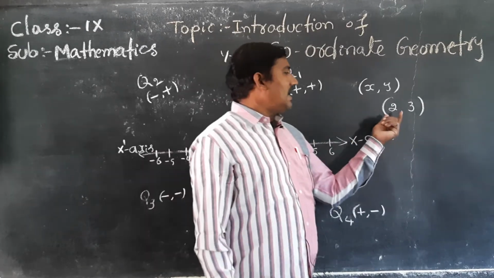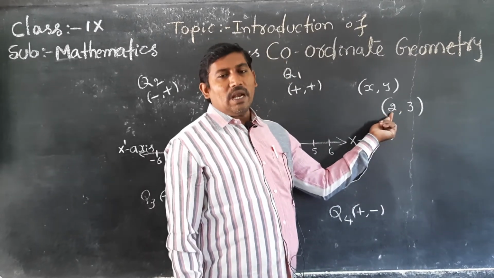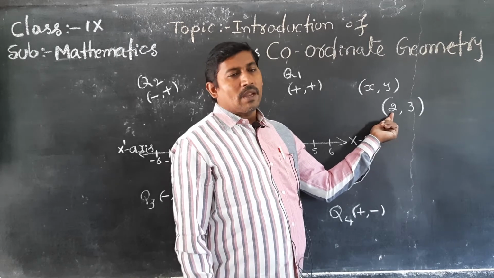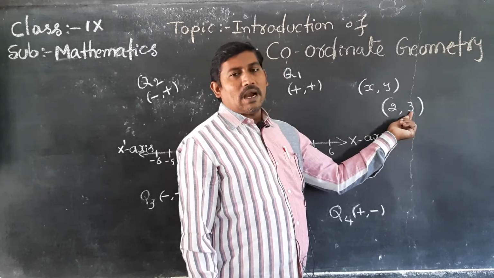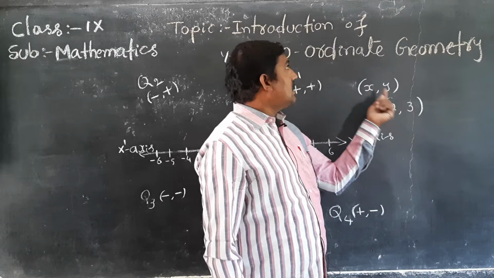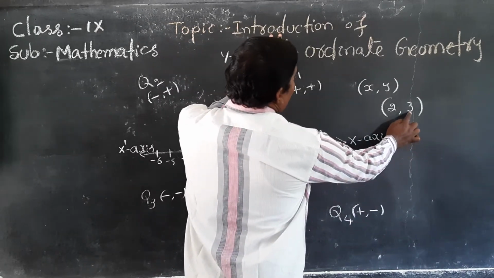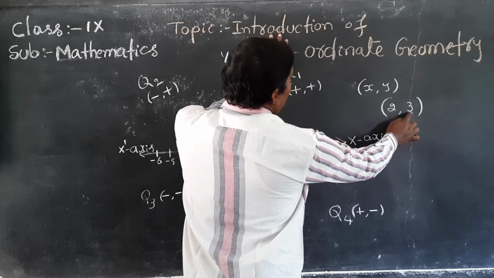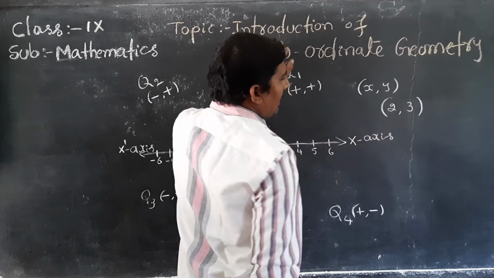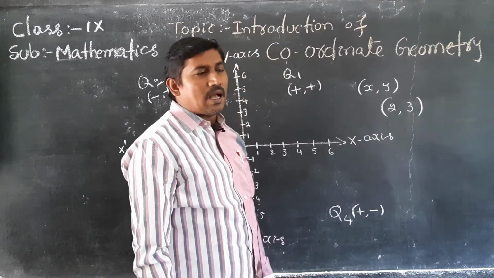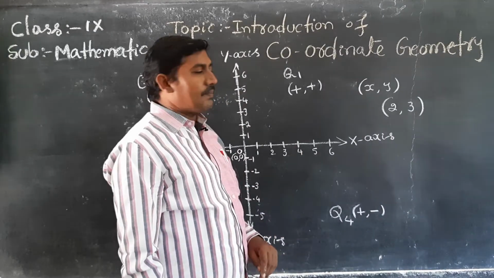In that coordinate, the first value, the x value 2, is called the abscissa, and the y value 3 is called the ordinate. This is the abscissa, and this is the ordinate.